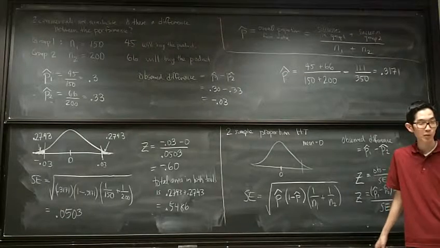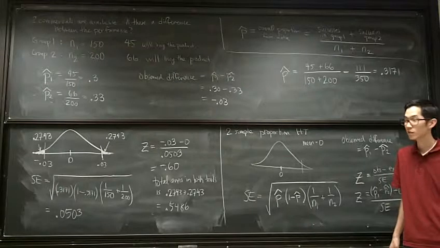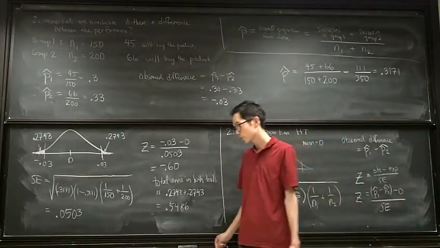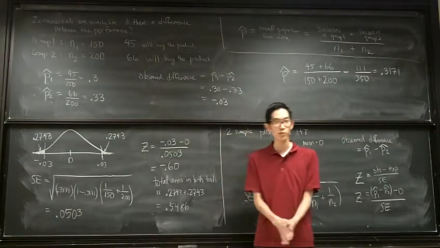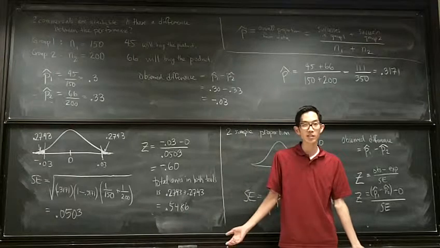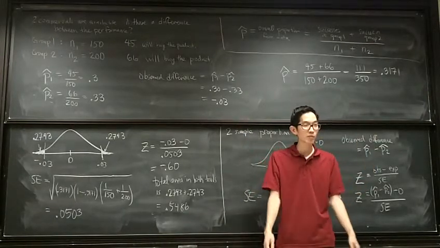Is this number big or small? It's big. It says that anytime I show these commercials to a group of 150 and a group of 200 people, I've got over a 50% chance of getting a difference of 3% anyway, just by random chance.